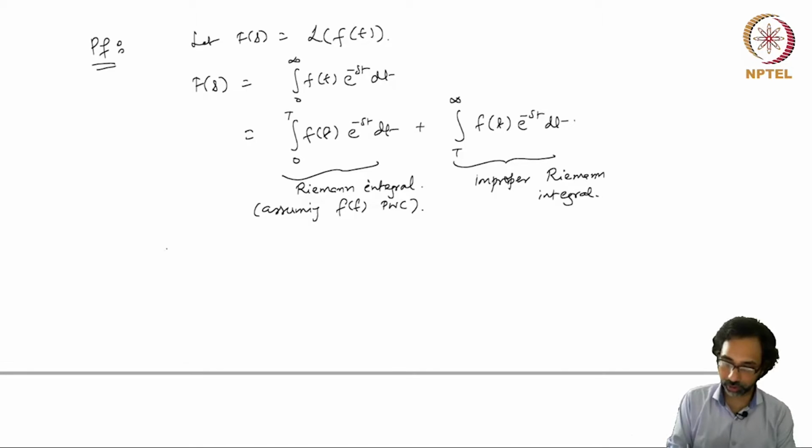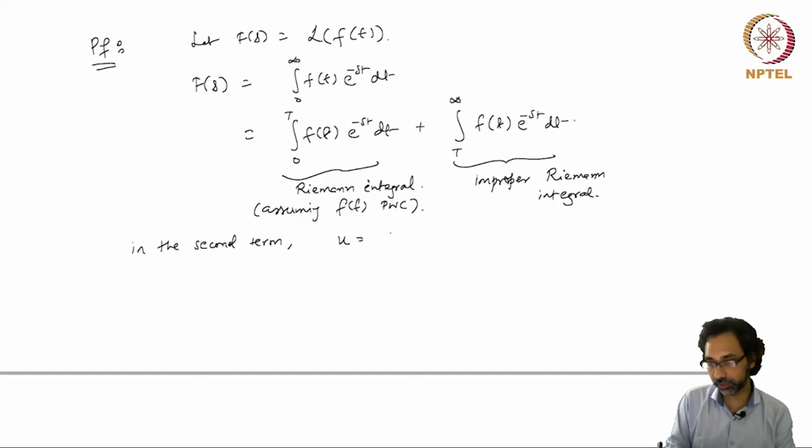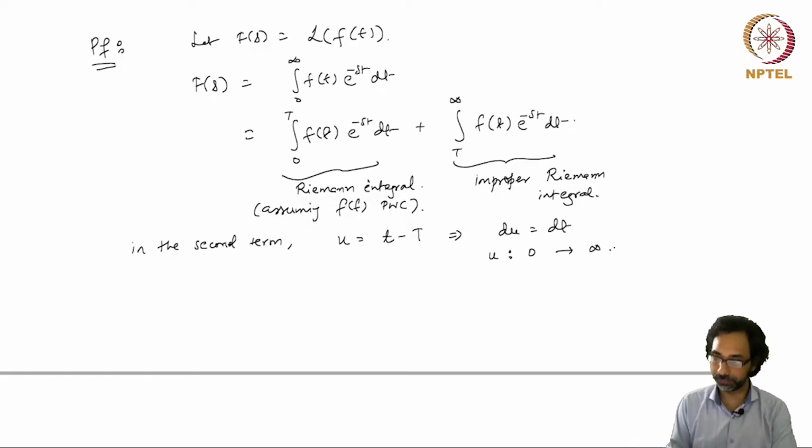So now I can make the change for the second one. In the second term we make the change of variables u equals t minus capital T. So of course du is again dt, and u goes from 0 to infinity now.